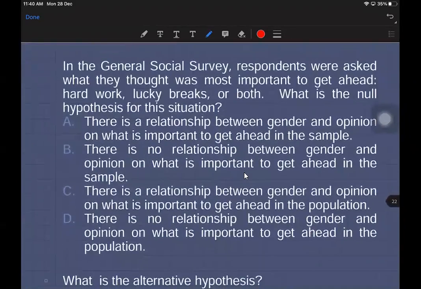So, another example here. In the General Social Survey, respondents were asked what they thought is most important to get ahead: hard work, lucky breaks, or both. What is the null hypothesis for this situation?